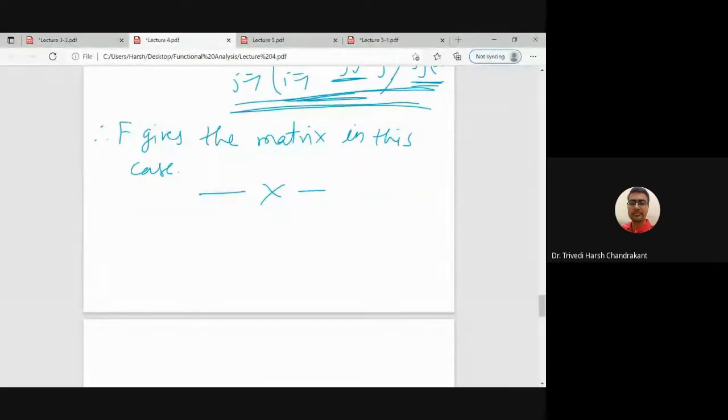Now we want to study some examples of functionals.